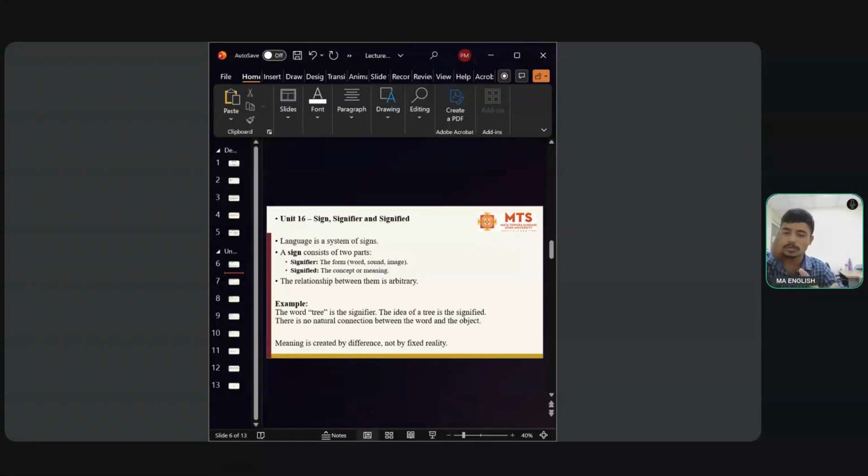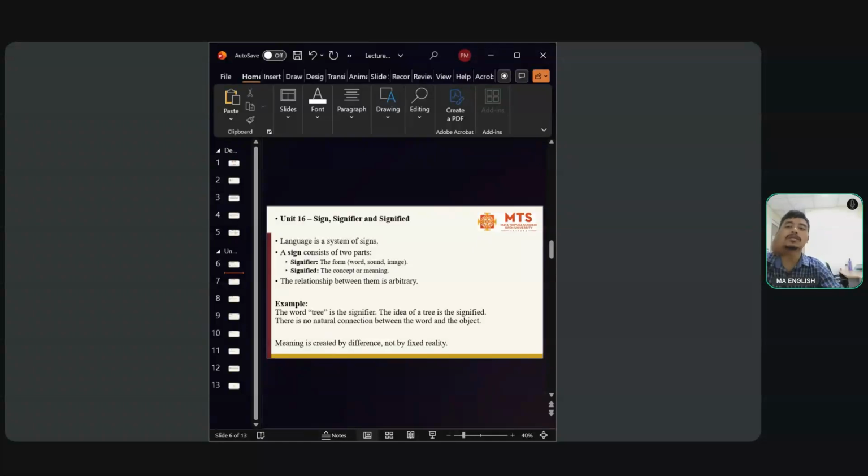According to Saussure, every sign, every unit of language, is made of two inseparable parts. The first part is the signifier, which is the form and the sound, the written word and the image.